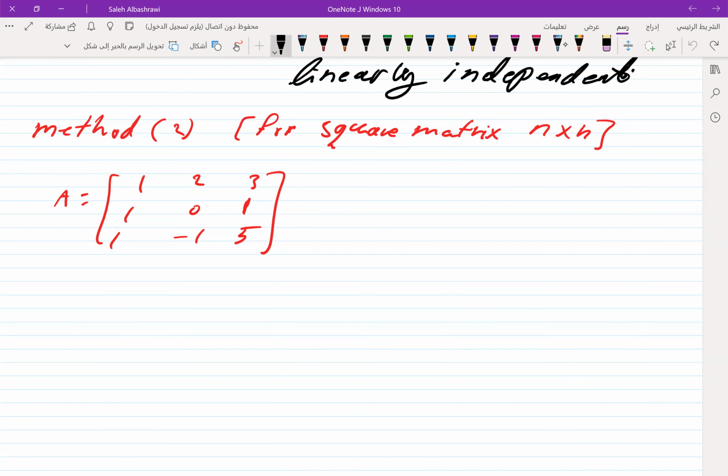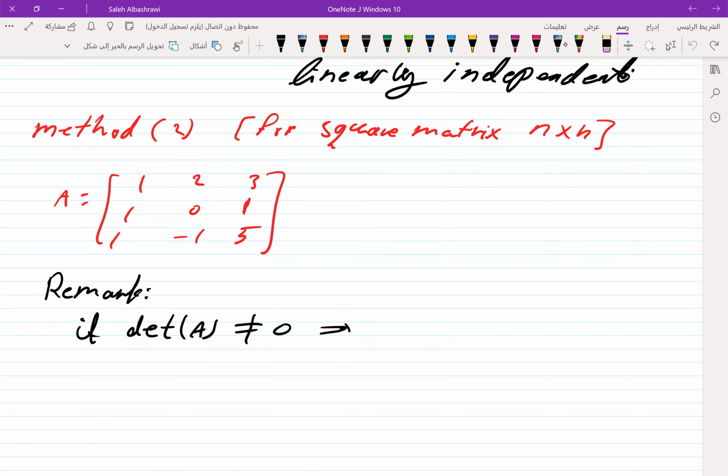For this one, if the determinant of A is not equal to 0, then the vectors are linearly independent.